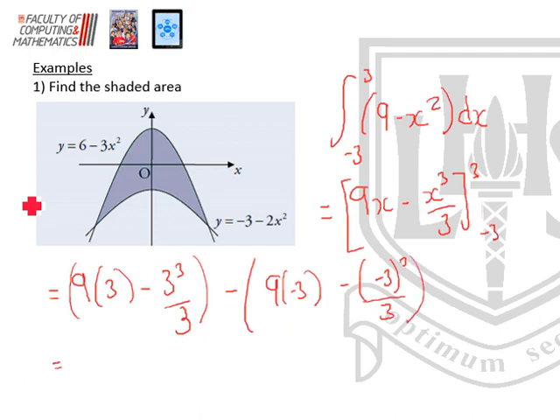Okay, so that's 27, take away 27 over 3, which is 9, so that'll be 18. So the first bracket, take away negative 27, add 27 over 3, which is add 9, so negative 27 add 9 is negative 18. Okay, so that means the area there is 36 units squared.